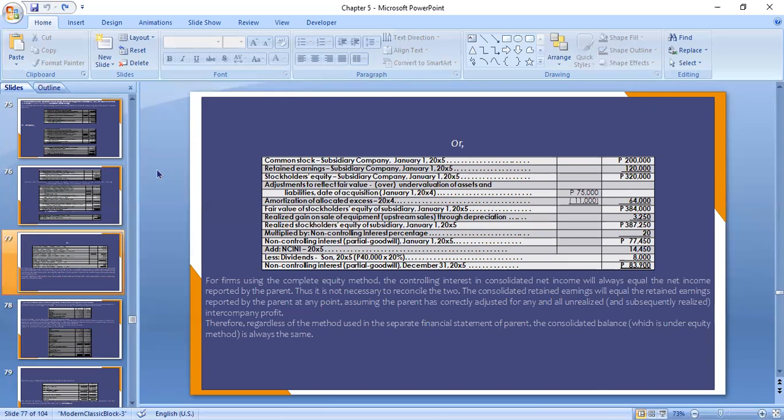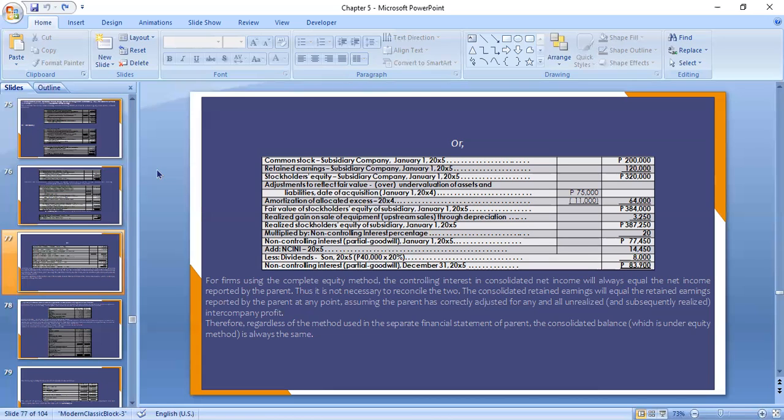We have the common stock of subsidiary, then retained earnings added, and we have the adjustments to reflect fair value. We have to deduct the amortization of allocated excess. So the total is 384,000. Then we have the addition of the realized gain on the upstream sale. And we have now the realized stockholders' equity. We multiply this by 20%.